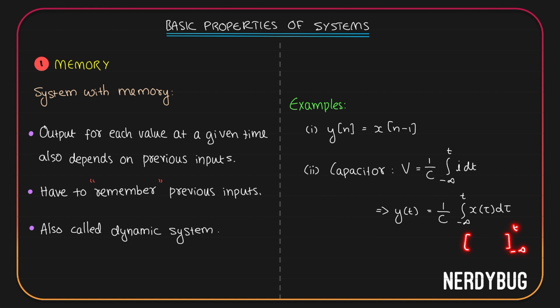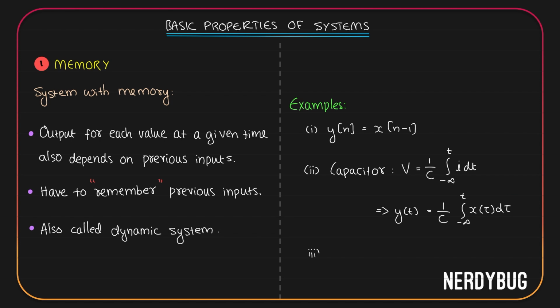So my equation is going to come out as a function of time. So it doesn't matter what variable you're taking inside the integration. But the important point is that here we are integrating from minus infinity to t. So the system has to know the value of input from minus infinity to the current time, which means all of the previous inputs. So a capacitor is a system that has memory.